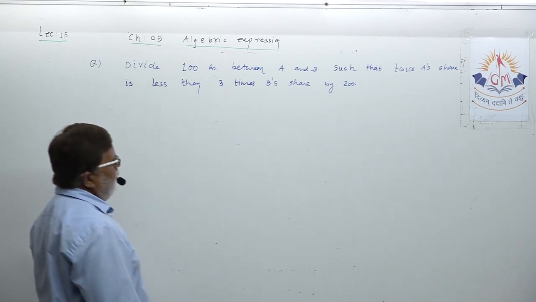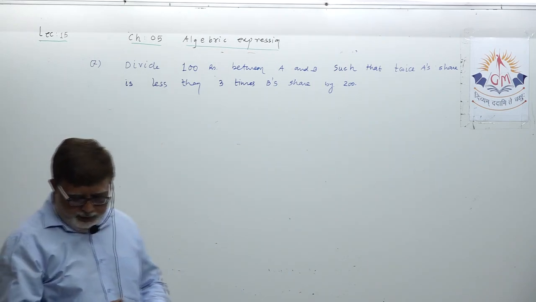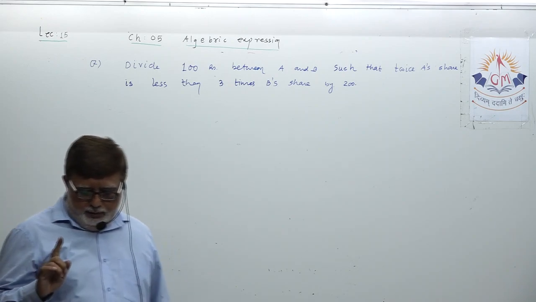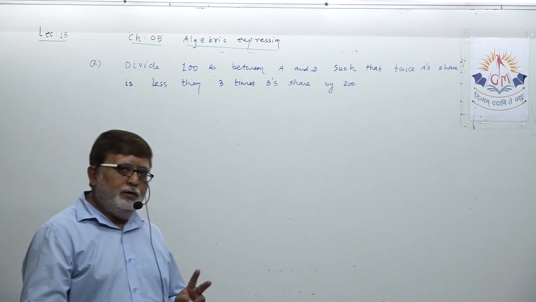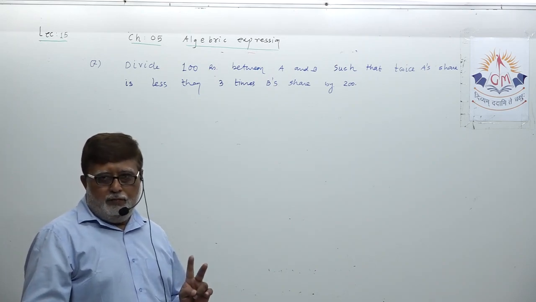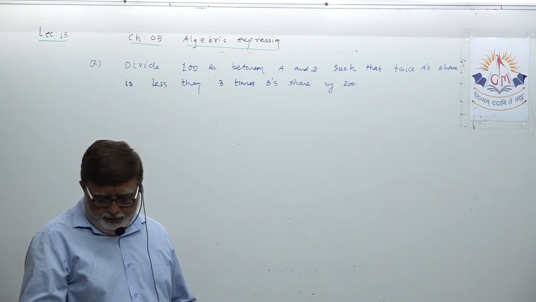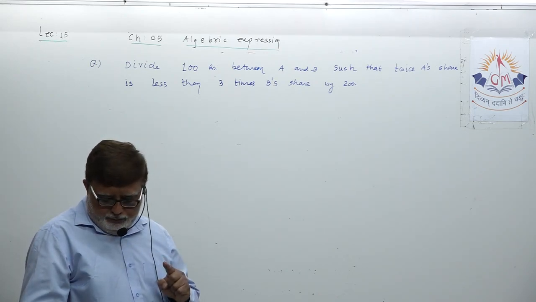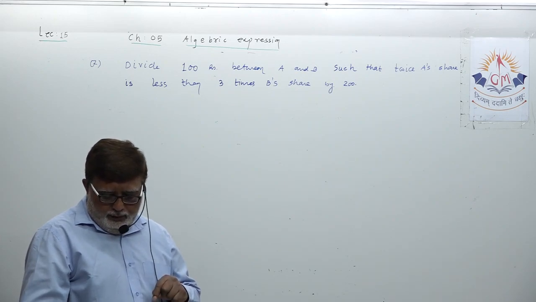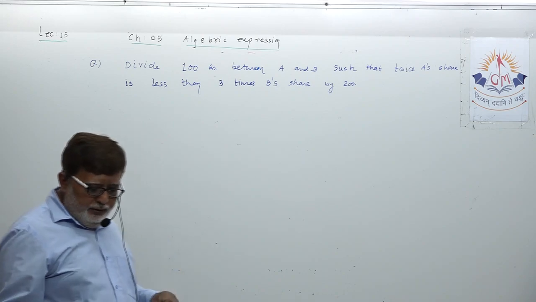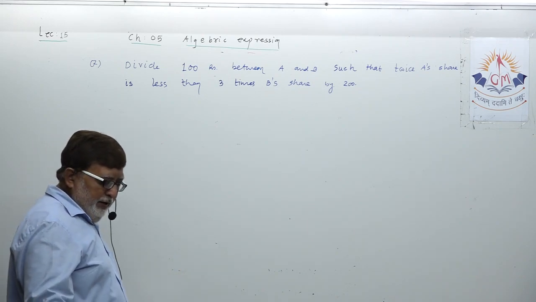Understand? See, dear student, try to understand the question. Divide 100 rupees between A and B. Means you have to divide 100 rupees between two persons A and B such that twice A's share is less than 3 times B's share by 200.